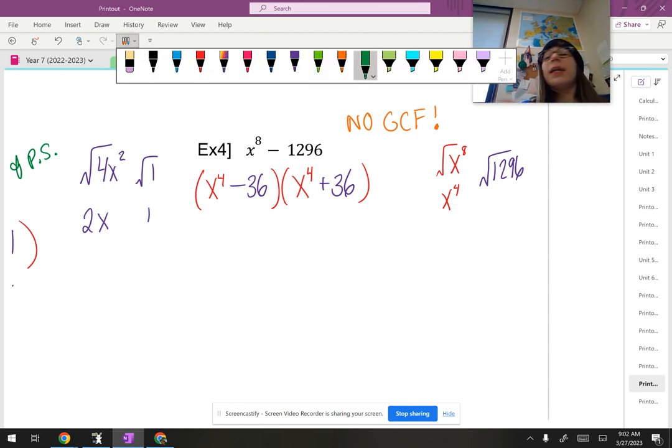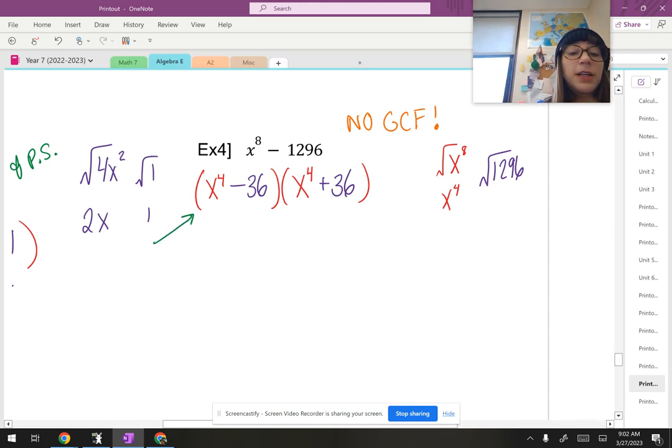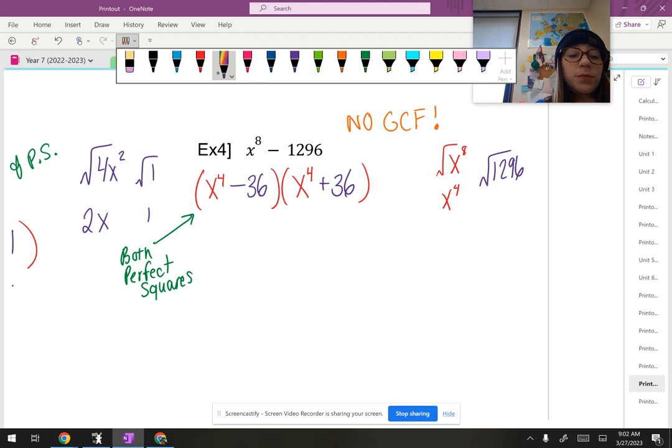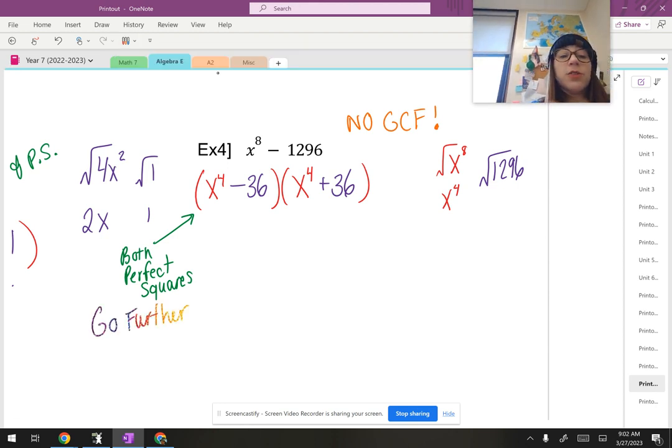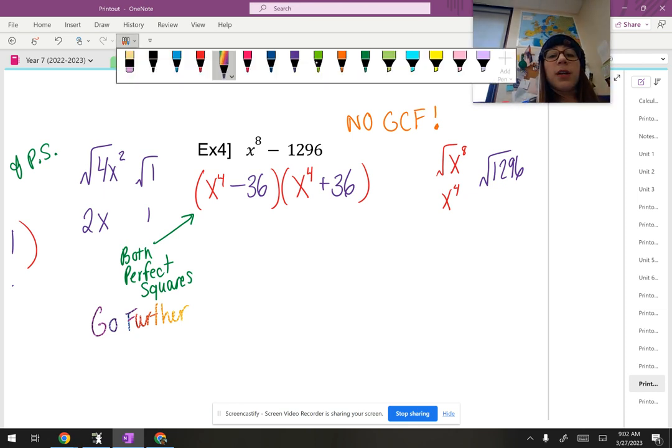But wait, we're not done. If you come over here, these are both perfect squares still. Which means you need to go further. Many students lose credit on their test because they don't take this all the way.